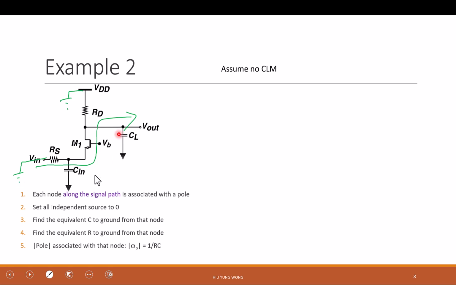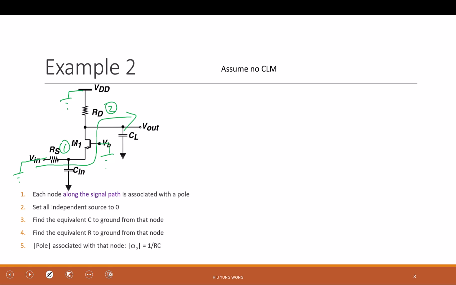Because of the way I drew it, you hit VB, right? But the current actually goes through the channel, so we don't need to do VB in this case. I forgot to ground VB. Okay, so we still have two major nodes in this case.